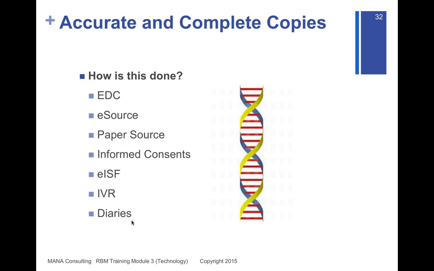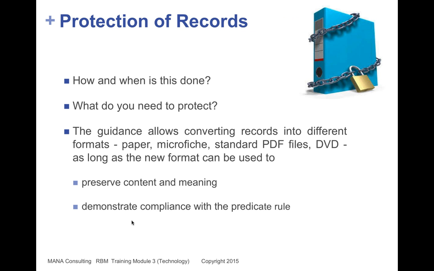The same with IVR and diaries. So you want to make sure that you have human readable copies with the audit trail and query trail with that. And so how do you protect these? Again, there's lots of places you do that. So one of the ways you protect it is, in the old days when you had paper, you did what?